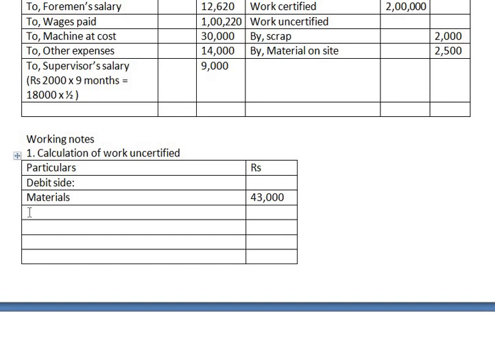Next is 4 months salary, 12,620. Then wages, amount is 1,220,000.